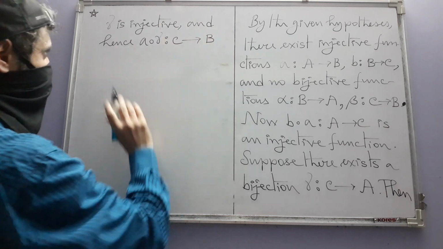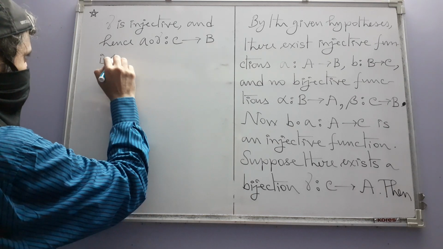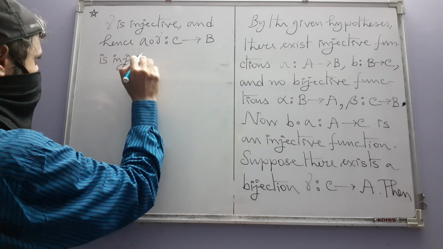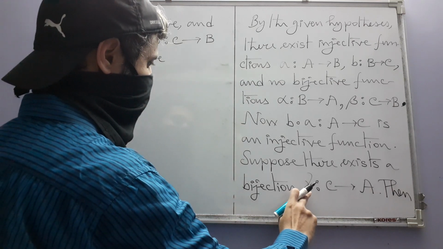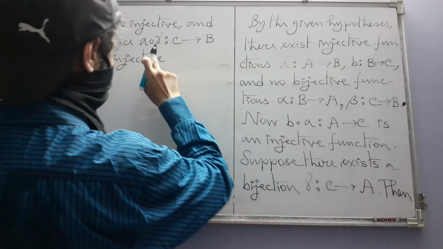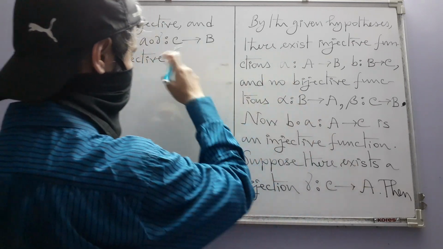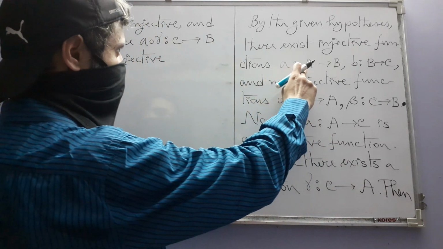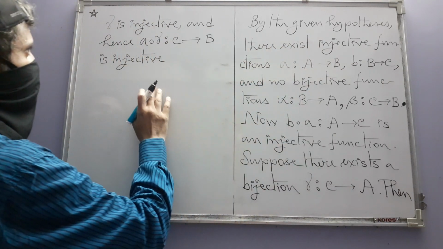From C into B is injective. First, gamma takes us from C to A, and then small a takes us from A to B, so C into B. This is already an injective function, and gamma is injective because it is bijective.